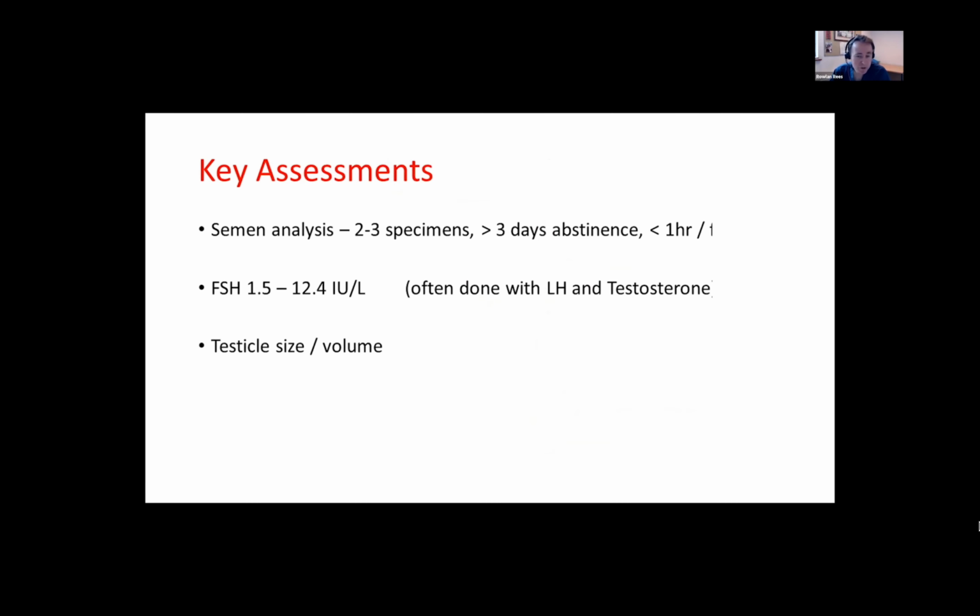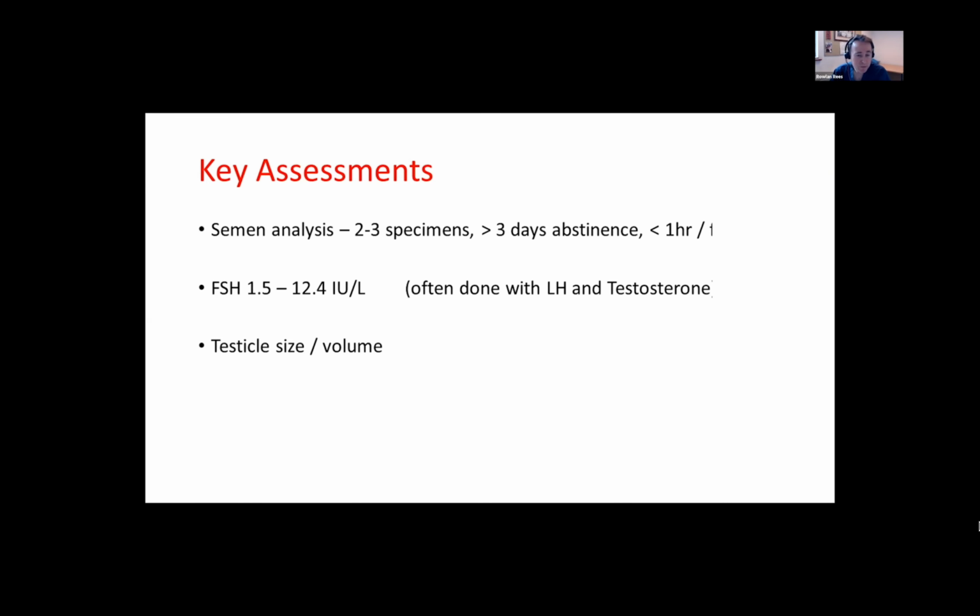Make sure that they've had a period of abstinence of around 2 or 3 days, but no longer than a week. And the sample needs to be delivered fresh to the lab. And the best services, I would say, have a facility where the specimen can be produced on site, and then it can be analyzed straight away.